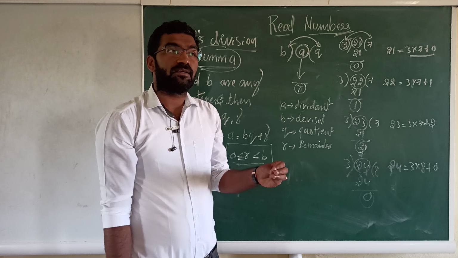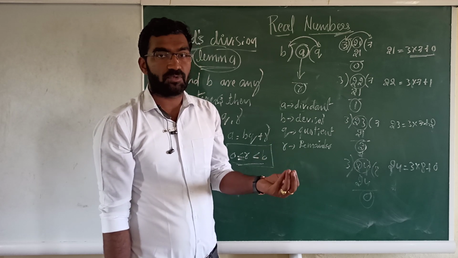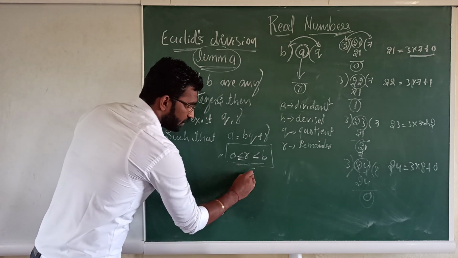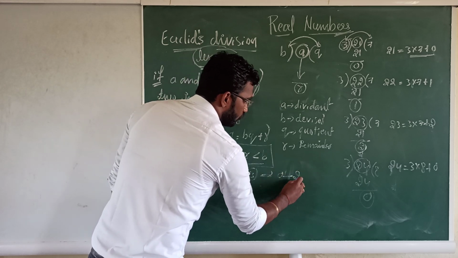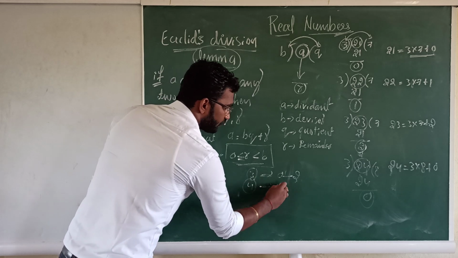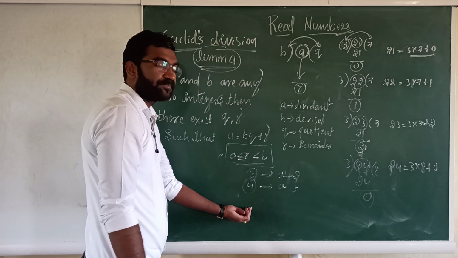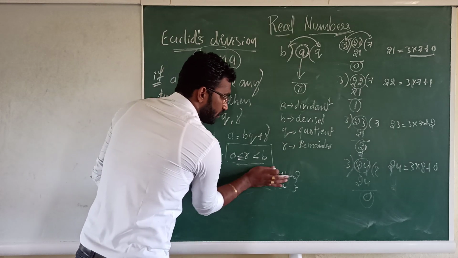If you are dividing any number by 5, what may the remainders be? 0, 1, 2, 3, 4, right? If dividing by 3, the remainders are from 0 to 2. Dividing by 4, from 0 to 3. Dividing by 5, from 0 to 4. That is what I am trying to tell.